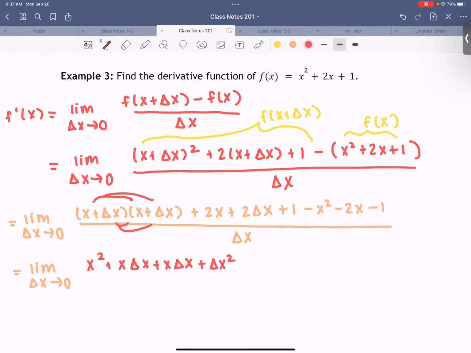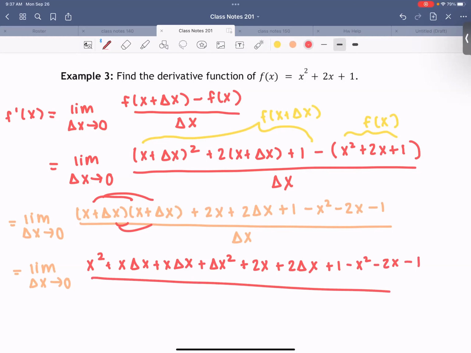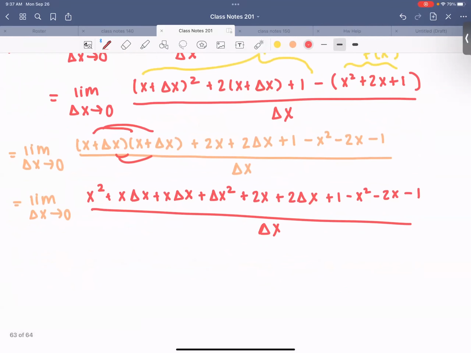We have a 2x plus 2 delta x. Let's just keep everything how it is. So plus 1 minus x squared minus 2x minus 1, all over delta x. So we have a lot of stuff going on here. Let's see what we can simplify. We've expanded everything. Let's see if we can make things simpler.